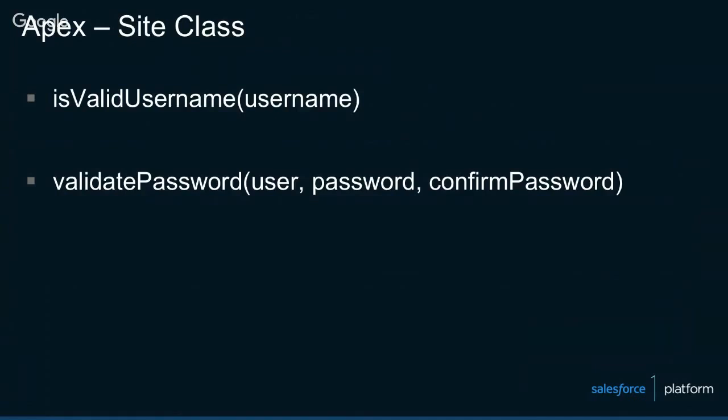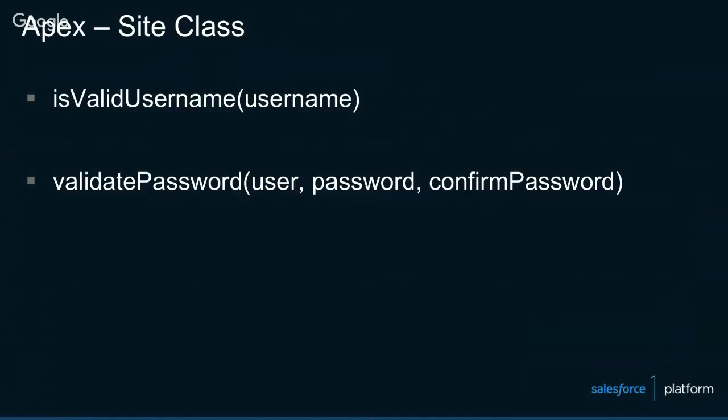And then the other one that's really nice is validatePassword. So in Salesforce, you can set up different password requirements and different password settings. And to try to reproduce that inside of your community would be ridiculous. You would probably end up just hard coding something like it has to be this or it has to be that, and then updating if it ever changed.